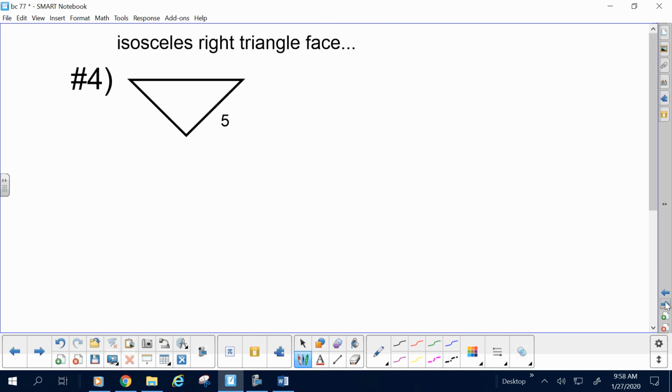Okay. Let's try one from the homework. This is not easy, but then he throws one of the hardest ones at you the first day. So I'm going to walk through number 4 on the homework. So he says it's filled with water.